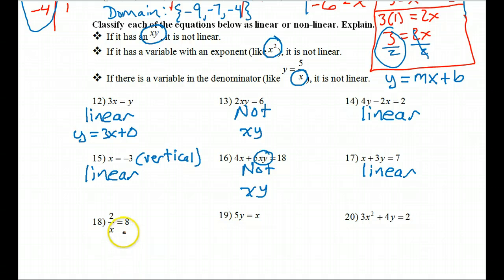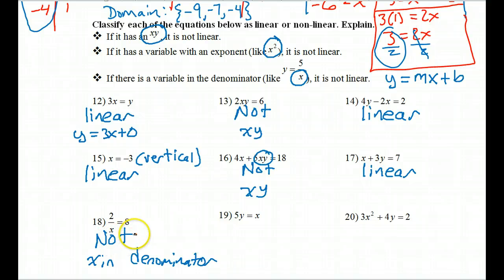What about number 18? Linear or not linear? This one is not linear because of the x in the denominator. It's this third rule. You can't have a variable in the denominator, so that's not linear.